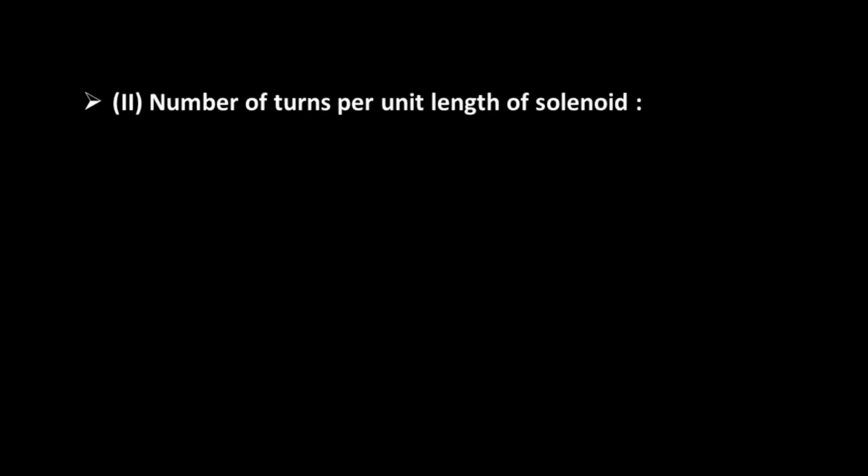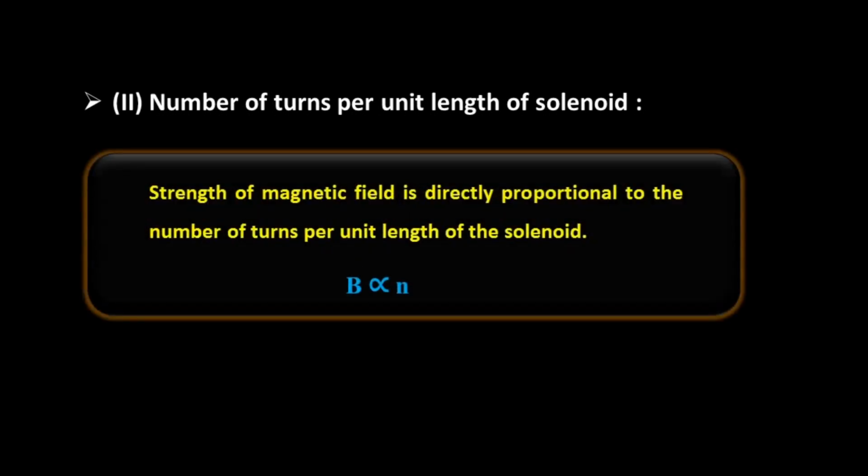Second, number of turns per unit length of the solenoid. The coil is made up of insulated copper wire and there are a number of turns. So the number of turns is very important for the magnitude of the magnet produced by the solenoid. Strength of magnetic field is directly proportional to the number of turns per unit length of the solenoid.